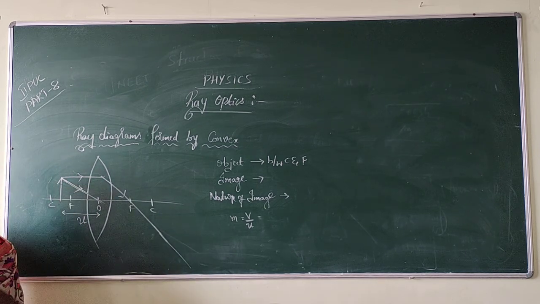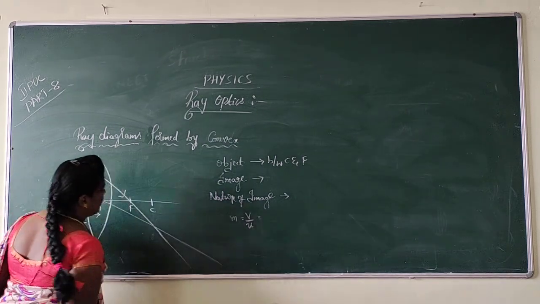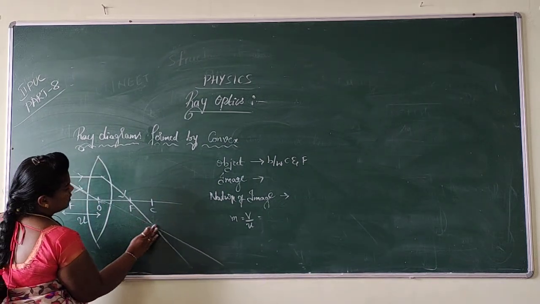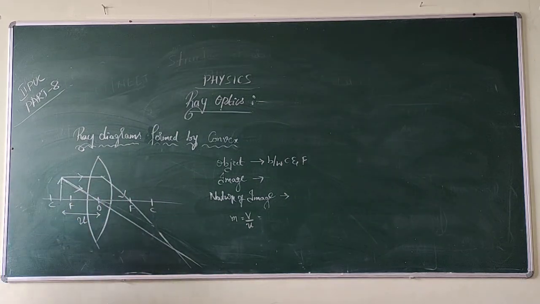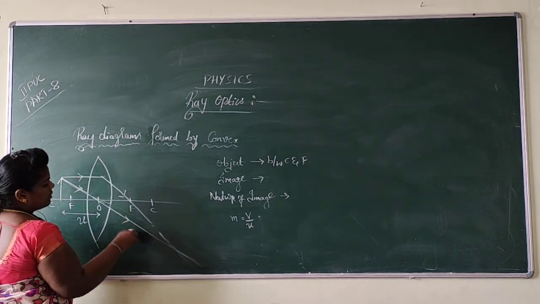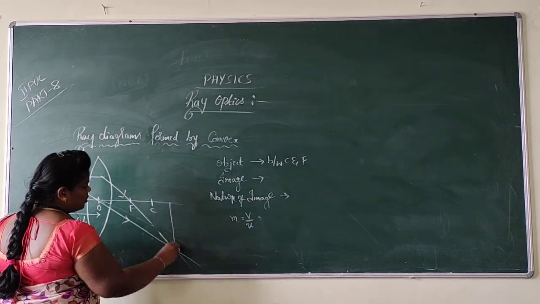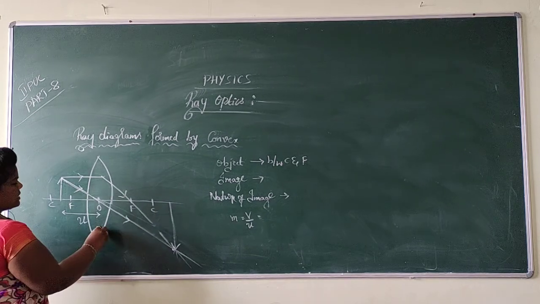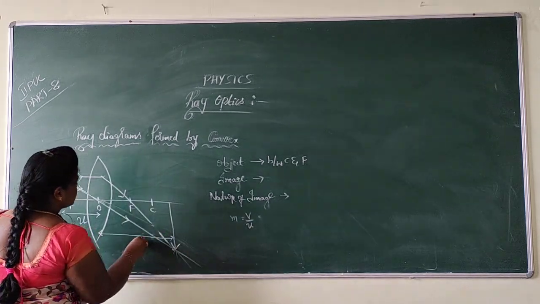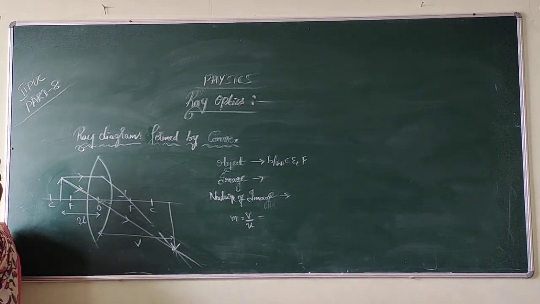When the ray passes through the optic center, it passes out without deviation. See here, you can observe that this is the point of coincidence where the image is formed. The distance between the optic center and the image is called the image distance, represented by V.